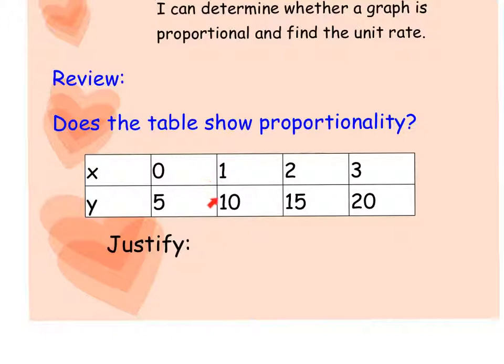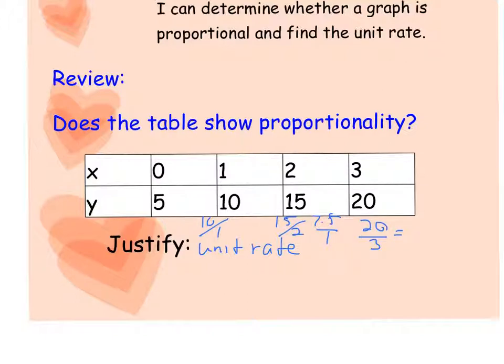I could say there's not a common multiple. 1 times 10 is 10, but 2 times 10 is not 15, it's 20, so there's not that common factor. The best way right now that's going to help you the most is finding the unit rate. So 10 is to 1, 15 is to 2, which is 7.5 to 1, 20 is to 3, so all we're doing is simplifying.